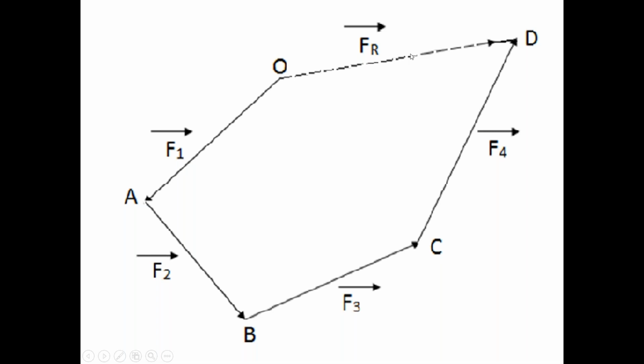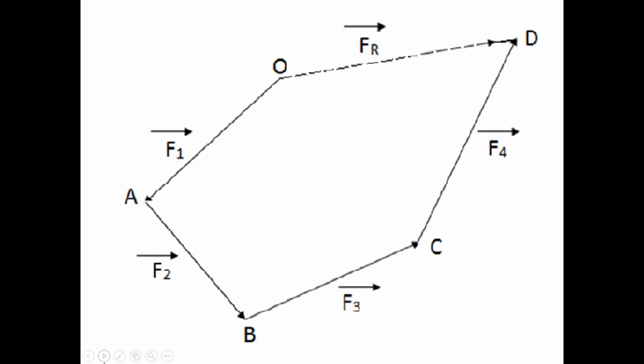The closing side of the polygon in the opposite order. In that closing side, take the direction opposite to the directions of the remaining forces. Then that closing side of the polygon in the opposite order is the resultant force of the four forces acting on the rigid body. So that OD bar is FR bar.